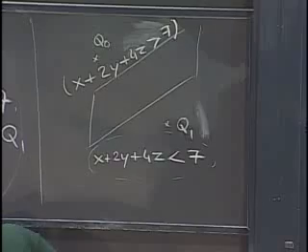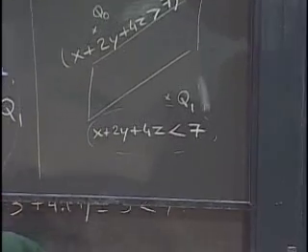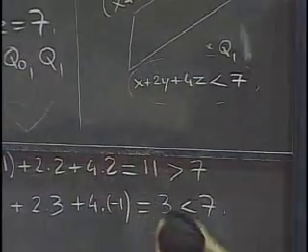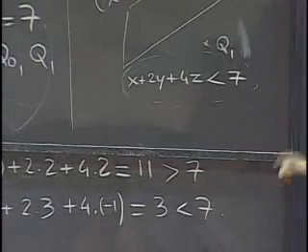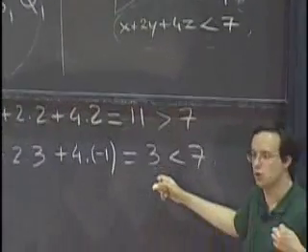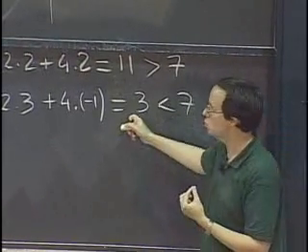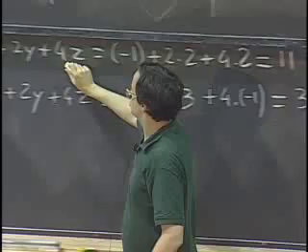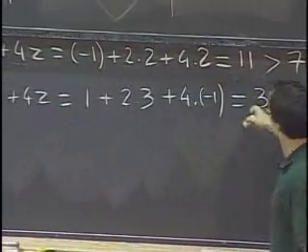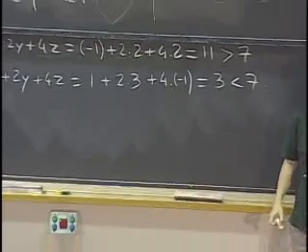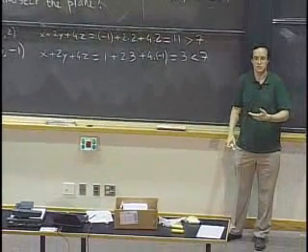And to go from one to the other, x plus 2y plus 4z needs to go through the value 7. If you're moving along any path from Q0 to Q1, this thing will change continuously from 11 to 3. At some time, it has to go through 7. Does that make sense?